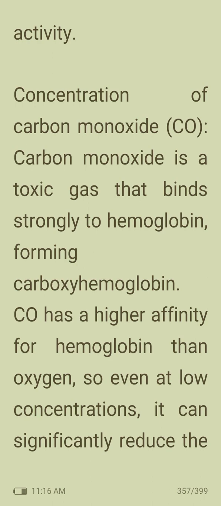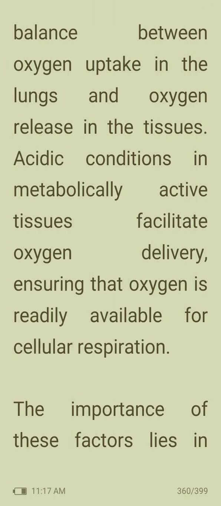This relationship is important in maintaining the balance between oxygen uptake in the lungs and oxygen release in the tissues. Acidic conditions in metabolically active tissues facilitate oxygen delivery, ensuring that oxygen is readily available for cellular respiration.